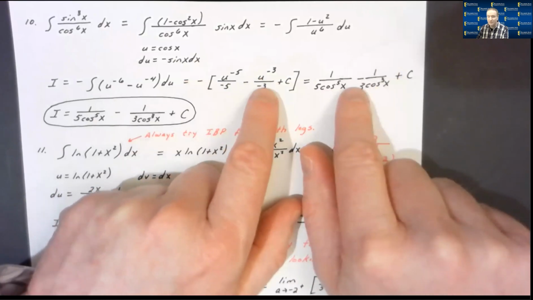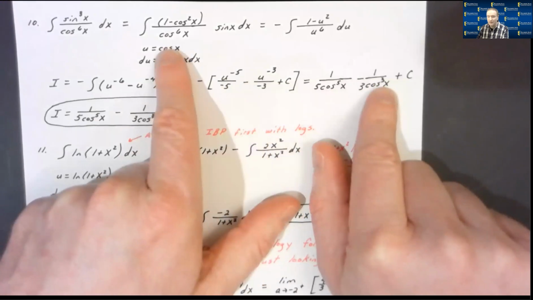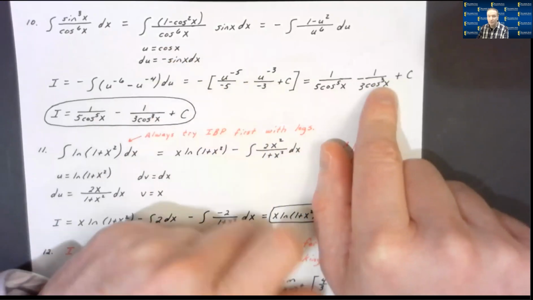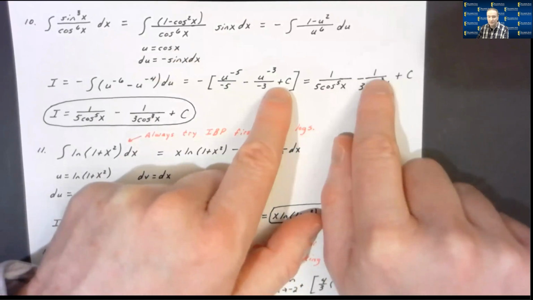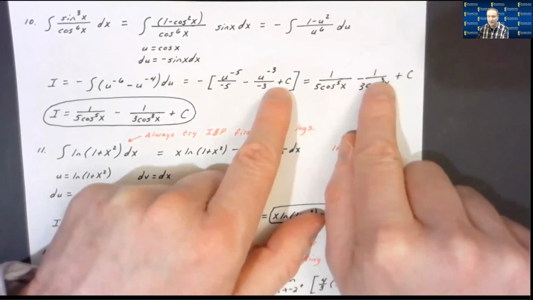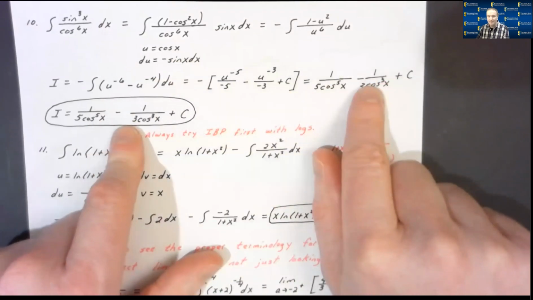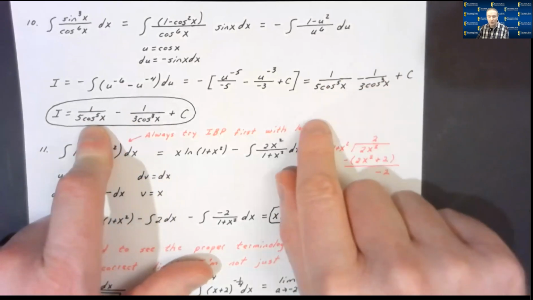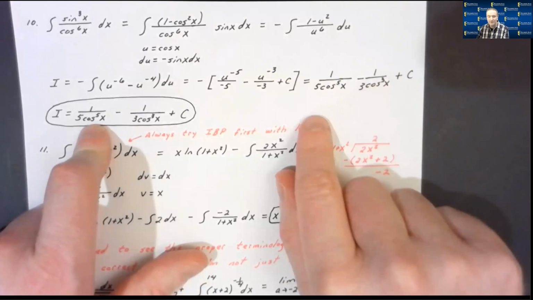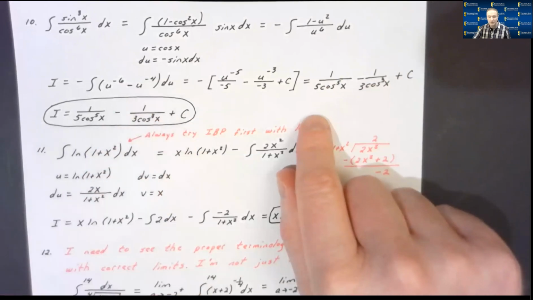I'll have a factor of 3 and u cubed in the denominator, where that becomes cosine cubed. And then, of course, plus our constant of integration. I thought that this looked a little sloppy with the minus sign in that fraction, although it's fine. But I just cleaned it up down here to make sure it looked like a better answer. So 1 over 5 cosine to the fifth x minus 1 over 3 cosine cubed x plus your constant of integration.